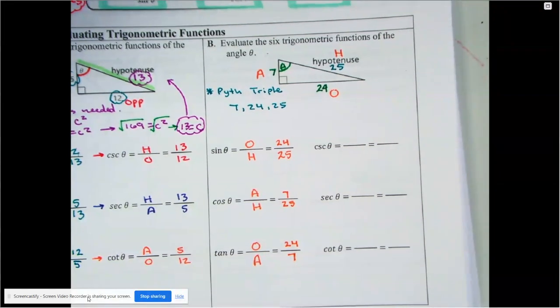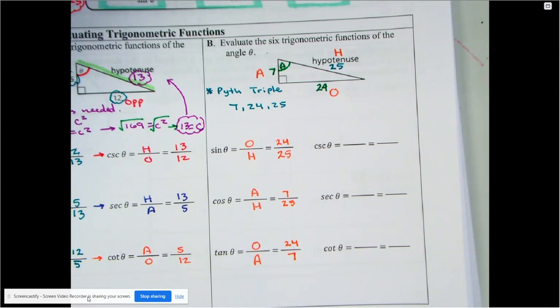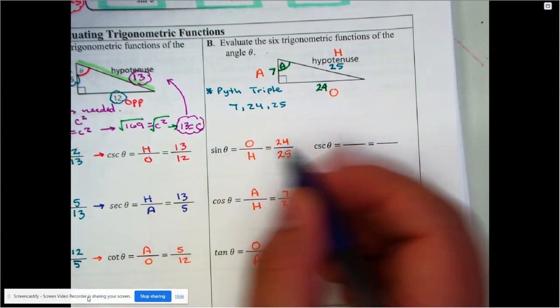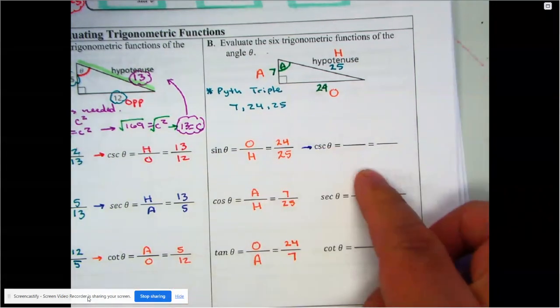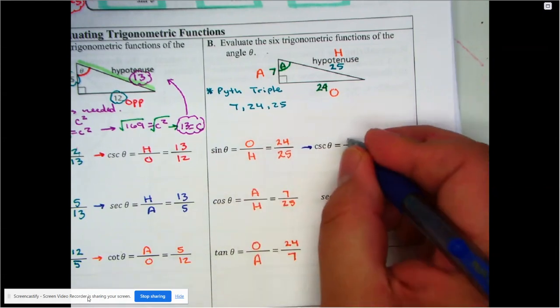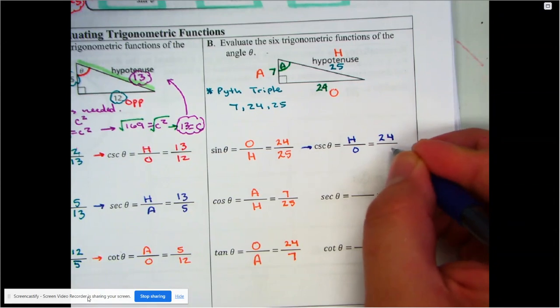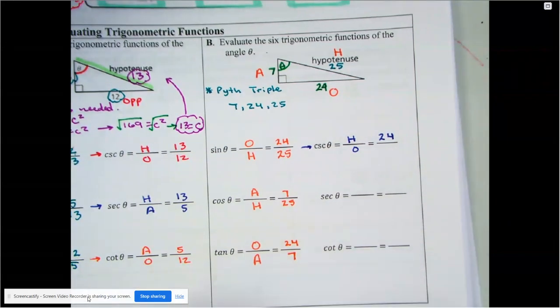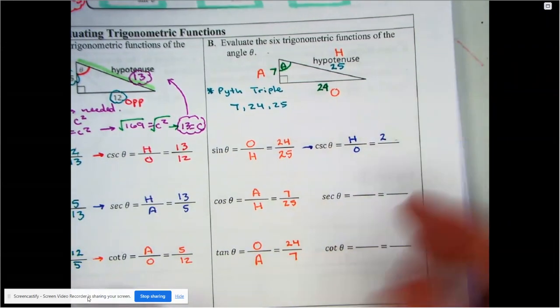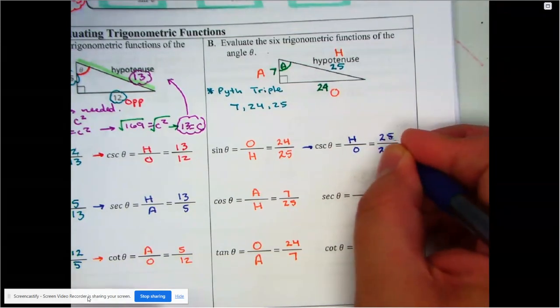Just like that, we have the original 3, which now means I can answer all the flip cousins. Related to sine is cosecant. Okay, they're lined up again. So OH, then that's HO, which is 25 over 24.